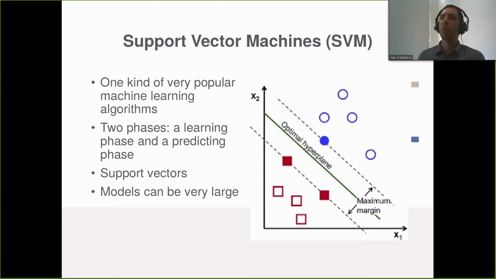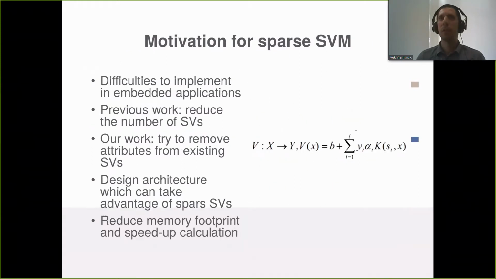We can say that support vector machines are maximum margin classifiers, and because of that feature, they have good generalization ability. The problem is that support vector machines for practical problems can have very large models, and because of that, they are difficult to implement in embedded applications.